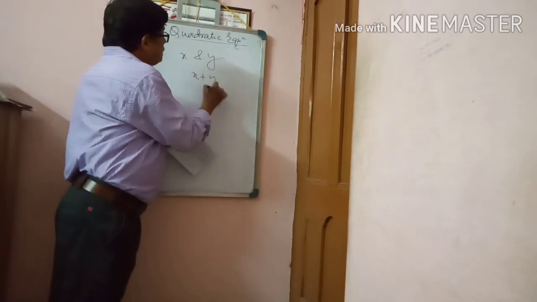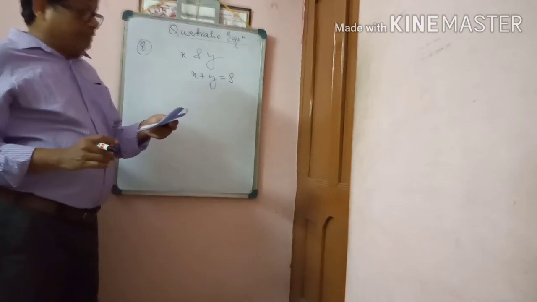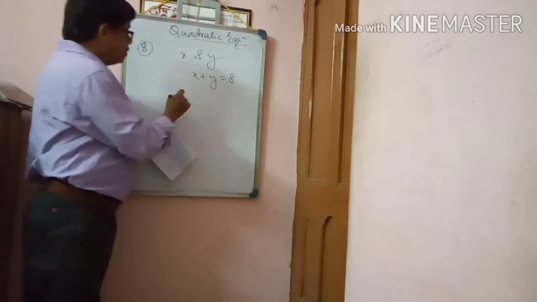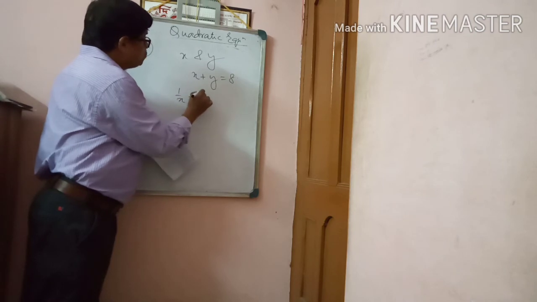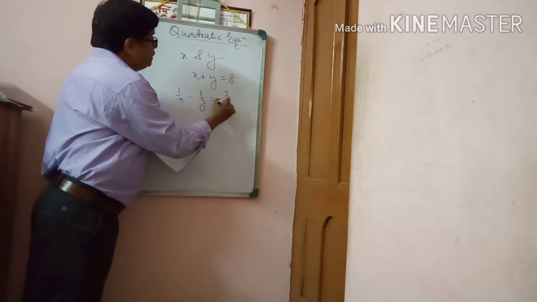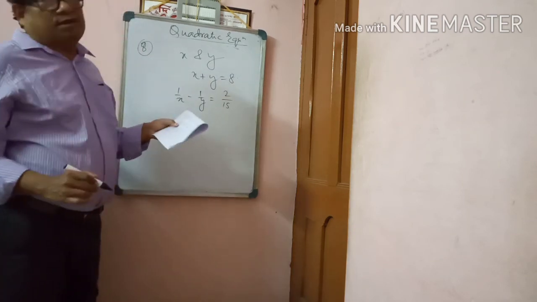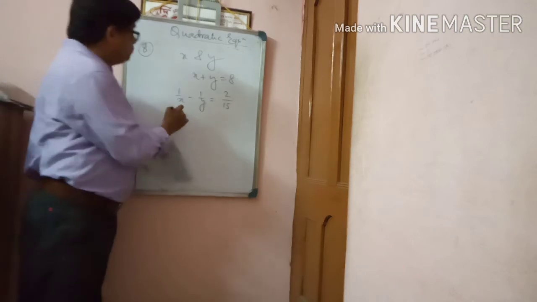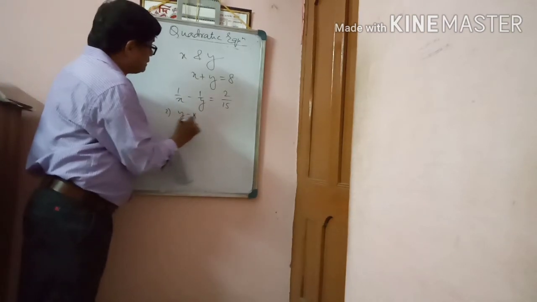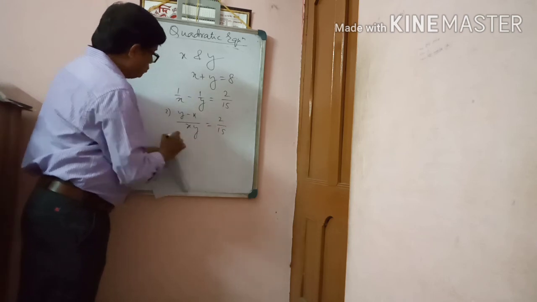So x plus y equal to 8, and the difference of the reciprocal. So write 1 by x minus 1 by y equal to 2 by 15. Okay, find the numbers. So easy sum you have to solve. So write y minus x by xy equal to 2 by 15.